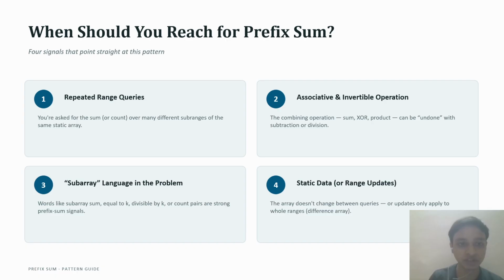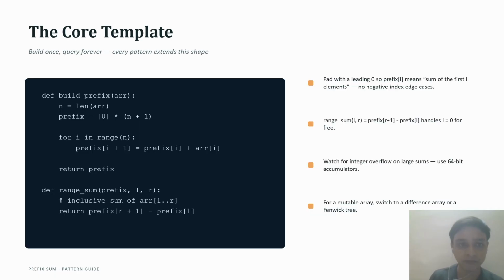So these are some signals: repeated range queries that you have to count, with associative and invertible operations like sums or products, subarray-type problems, and static data.